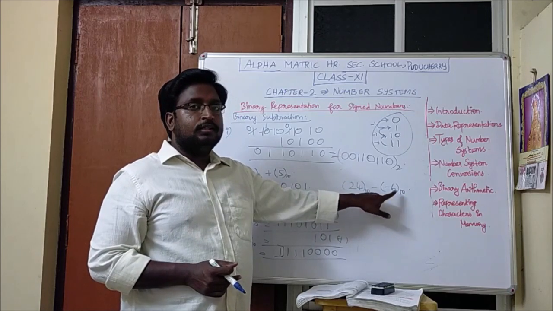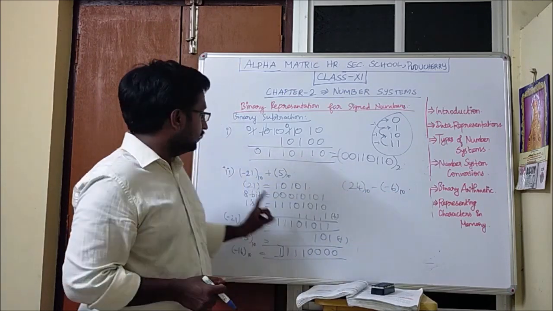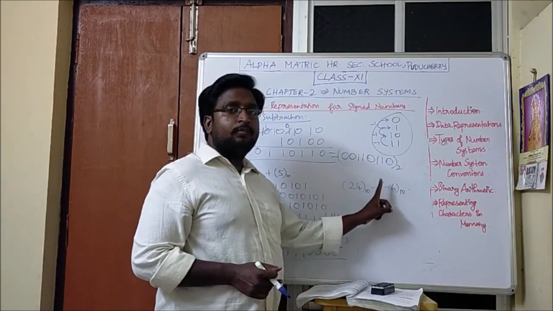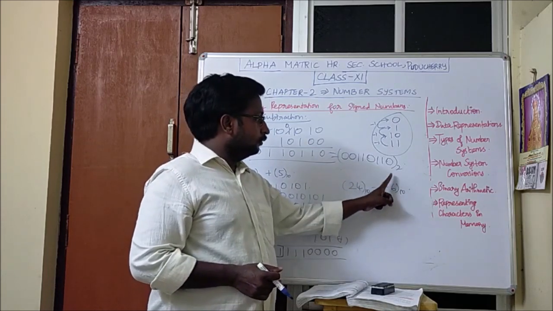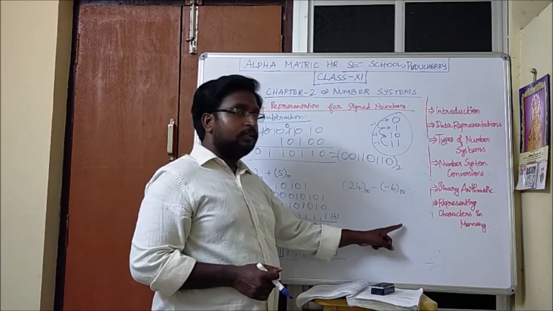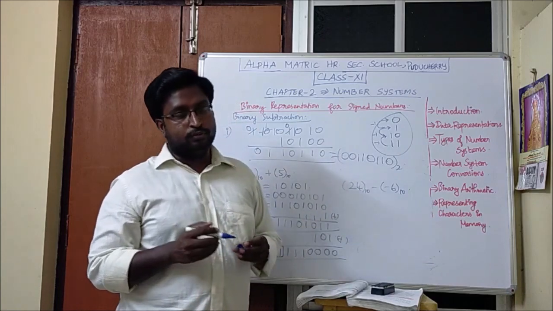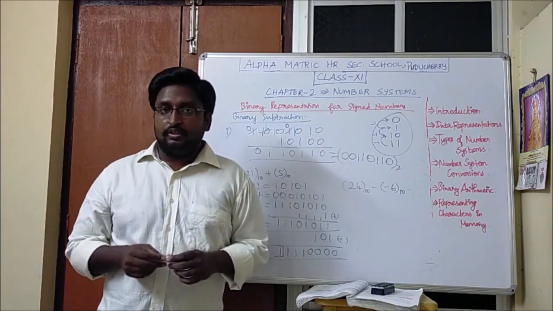After getting the 2's complement, you have to subtract it from this 24. Here we have a plus symbol. You should not manipulate minus into minus plus like that. You just do the 1's complement and 2's complement for this minus 6. After that, you have to subtract the 2's complement result from the 24. So this is all about binary addition and subtraction.